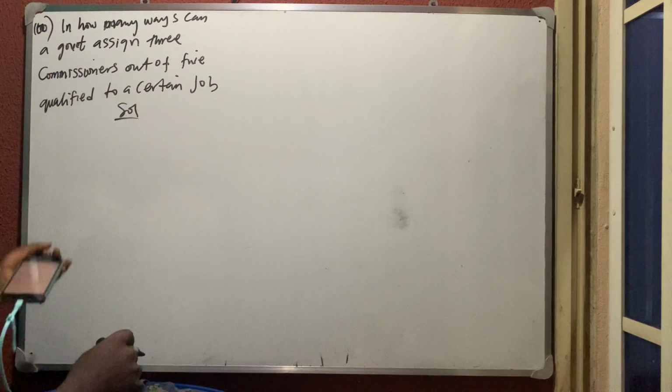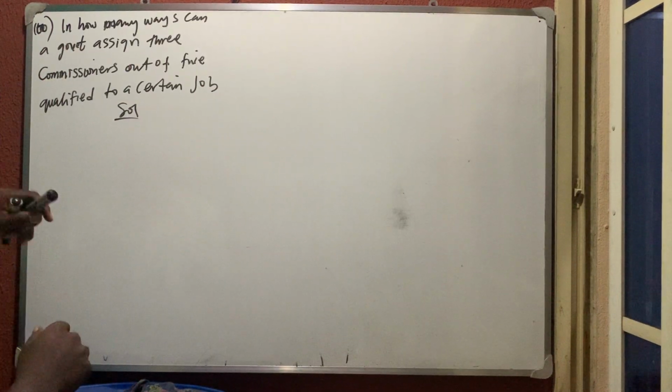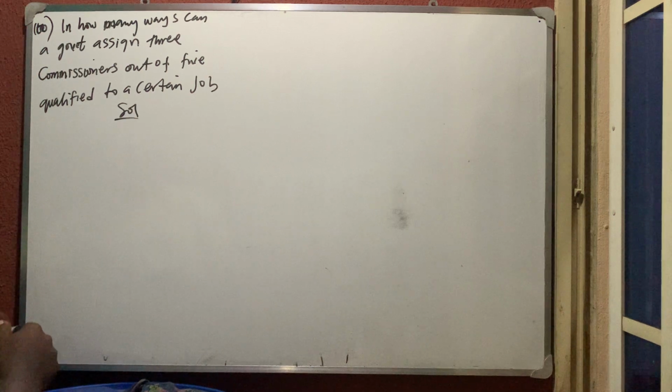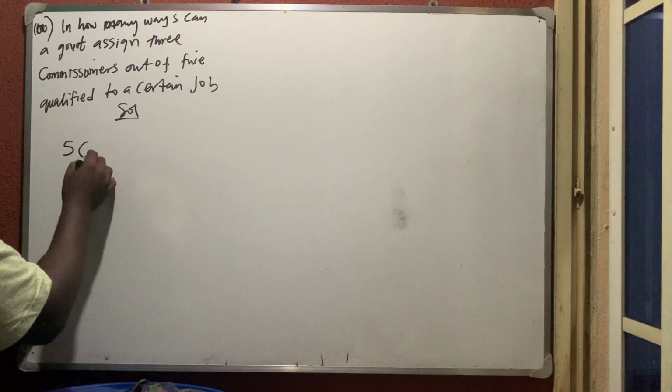Solution. Now, assign a commissioner out of 5. In how many ways can 3 commissioners be assigned? So that is, out of 5 people that are qualified, we need 3.